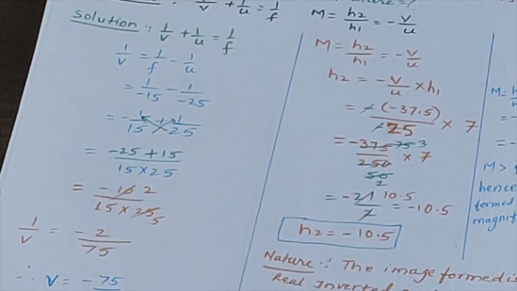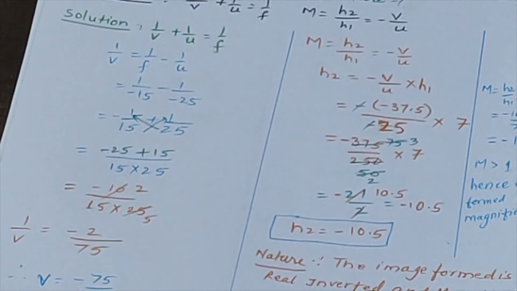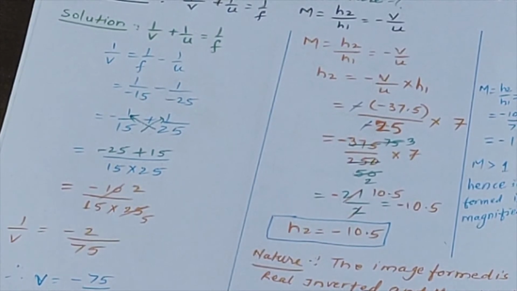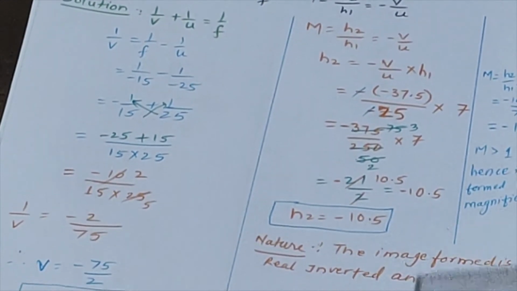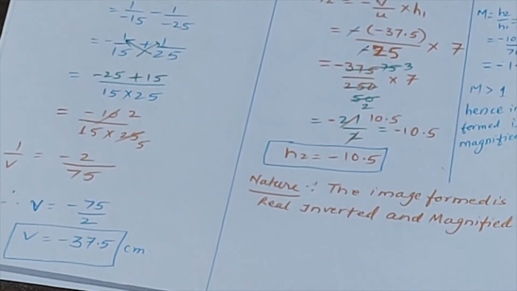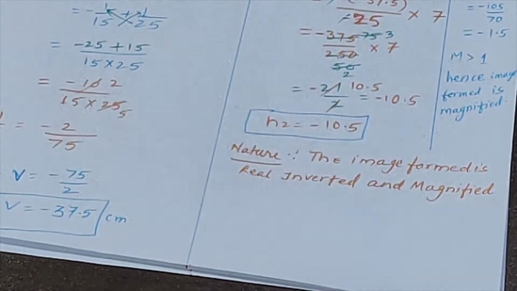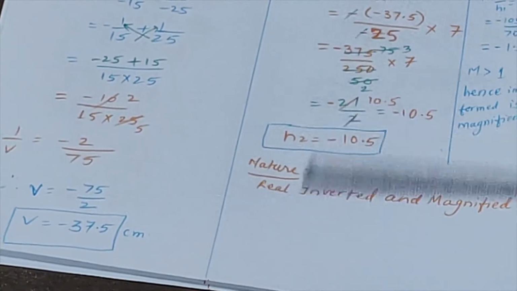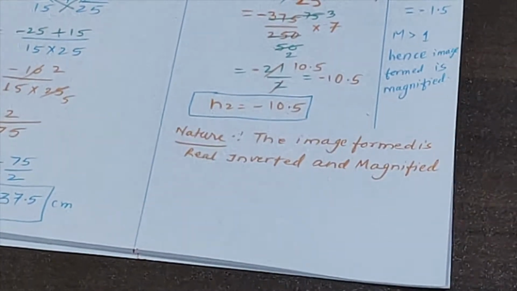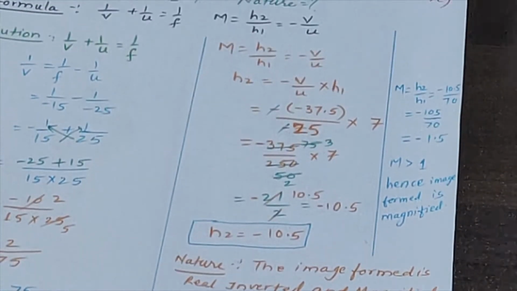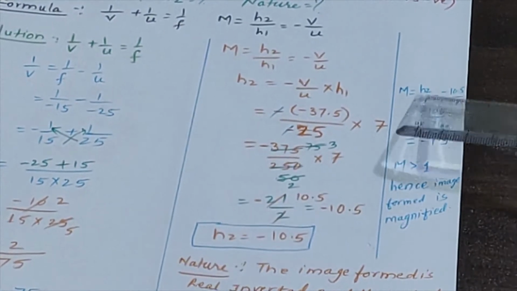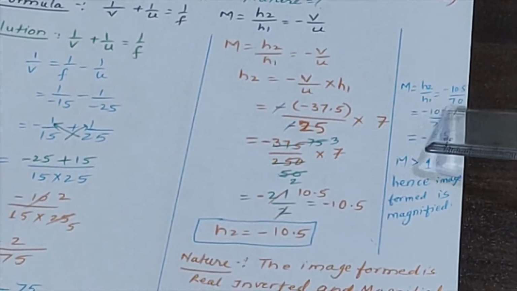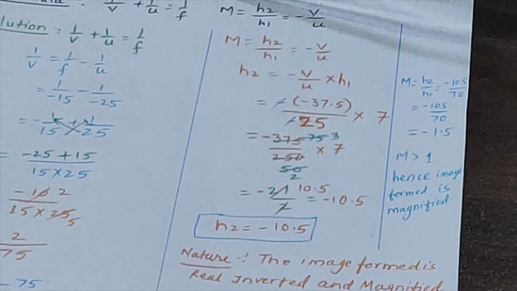So when I get minus 10.5, this is the value of h2, that is the height of the image, which is negative. What does it mean? The negative means it is inverted. So the nature of the image is going to be real and inverted because this is negative. But still we have not found the nature fully. To find the nature, one more step we need to do is find out whether the image is diminished, magnified, or the same size. For that, m is equal to h2 upon h1, from the same magnification formula.